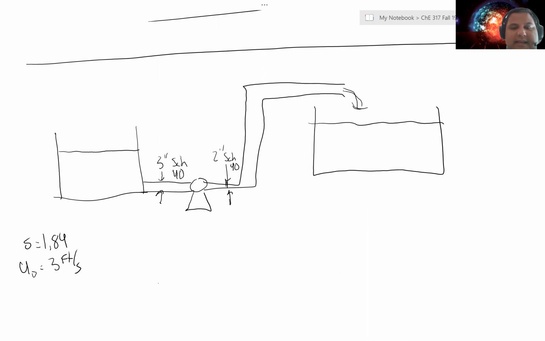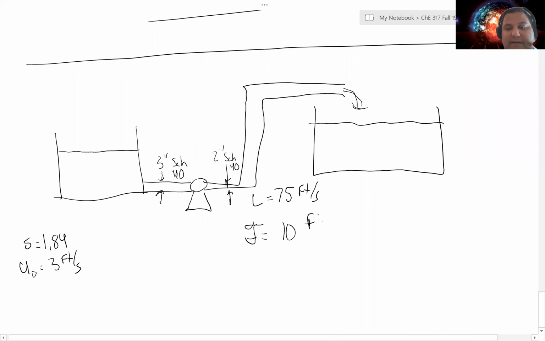And the length of the pipe in the discharge, which by discharge we mean the pipe after the pump, is 75 feet. The friction loss through the system was approximately 10 foot-pounds force per pound, which looks like a weird unit, but I'll show you how it makes sense. And the delta Z is 50 feet.